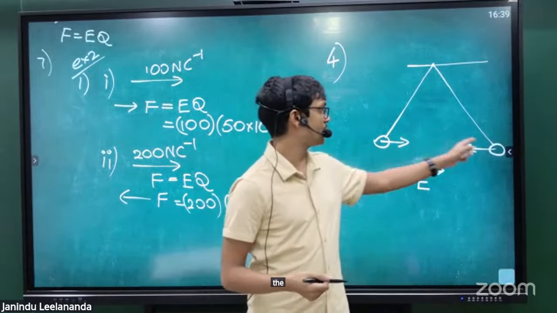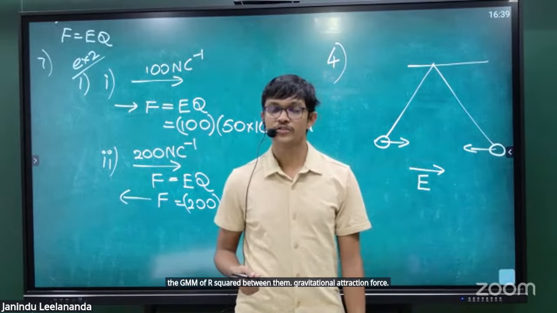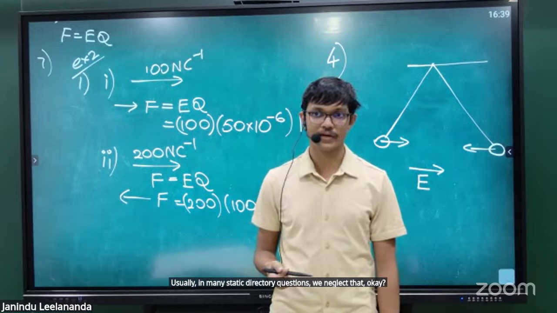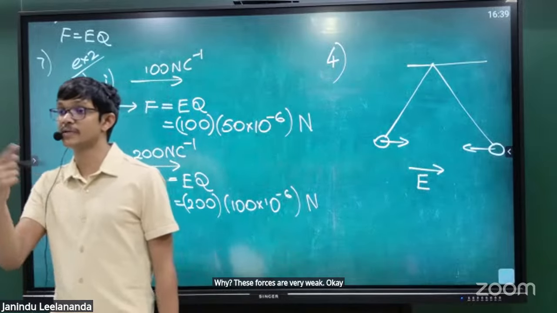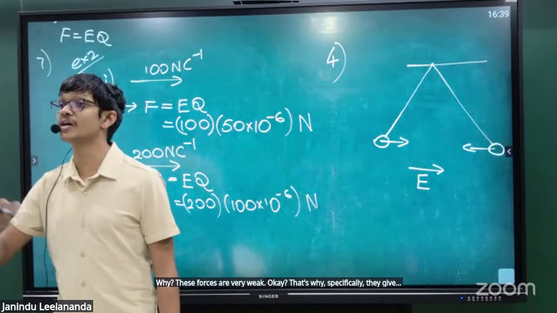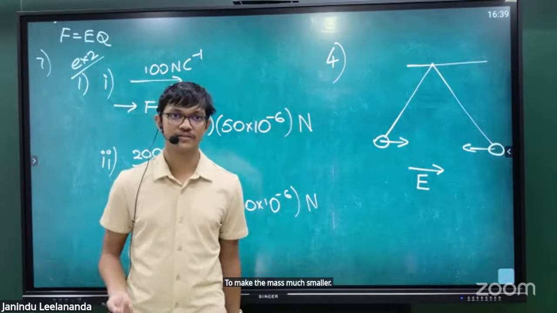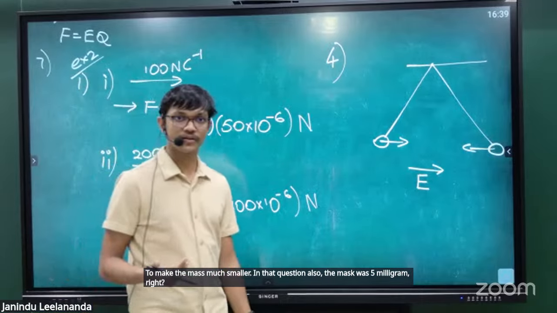The GMM over R squared between them, gravitational attraction force. Usually in many static electric questions, we neglect that, okay? Why? These forces are very weak. That's why specifically they give values like 5 milligram. Why? To make the mass much smaller. In that question also, the mass was 5 milligram, right? Why?